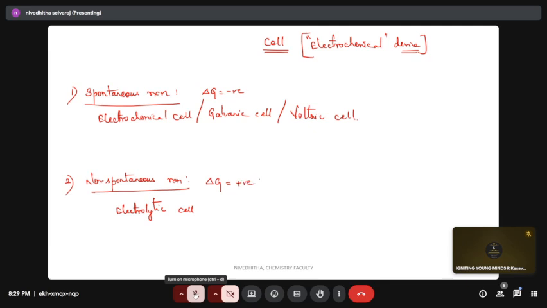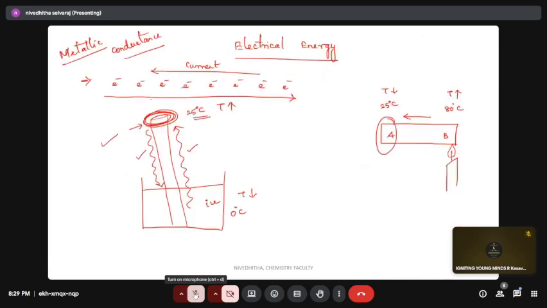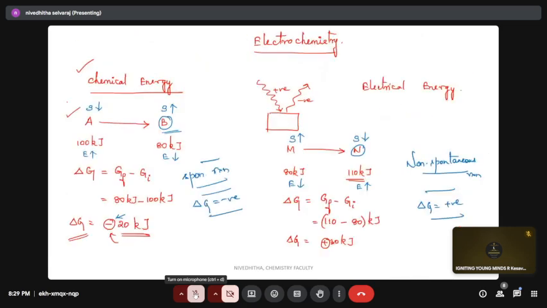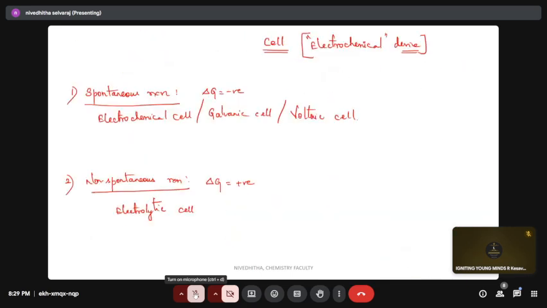Since in an electrochemical cell the reaction happening is spontaneous, energy is getting liberated, right? In a spontaneous reaction, the energy is released, which is chemical energy, and this chemical energy will come out of the cell as electrical energy.